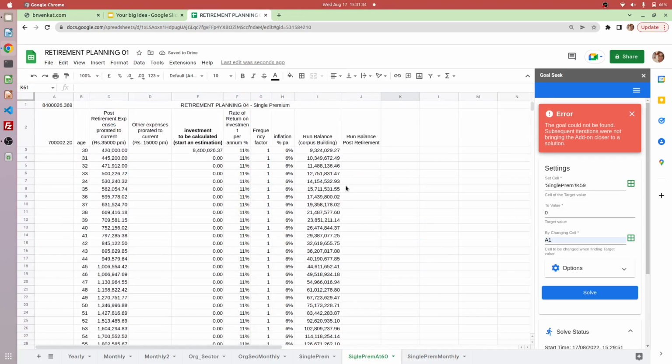Now, starting field, again like previous case, let us take it as 10 lakh.